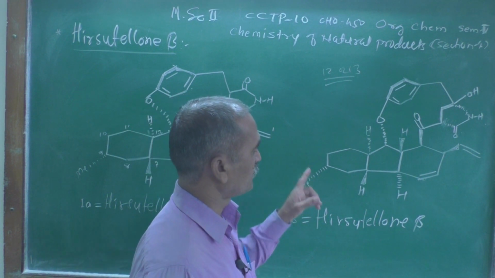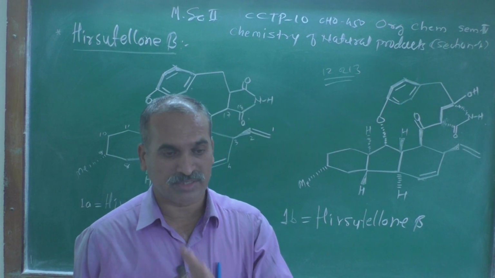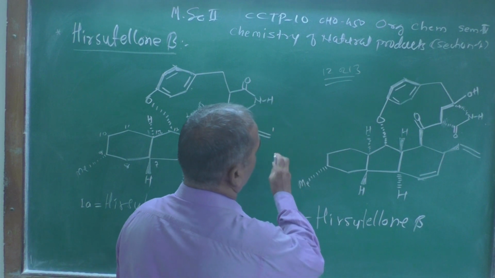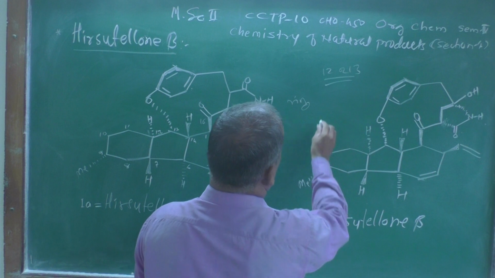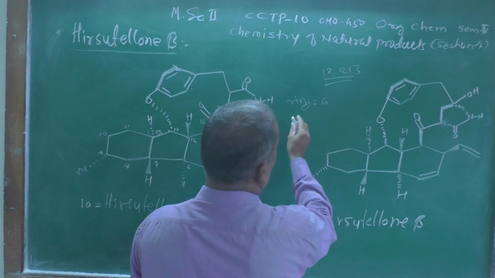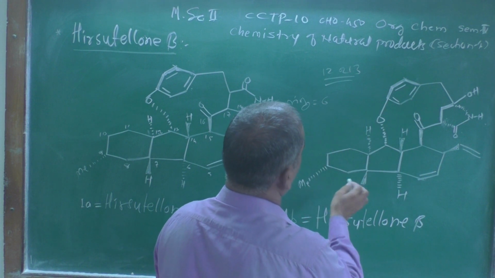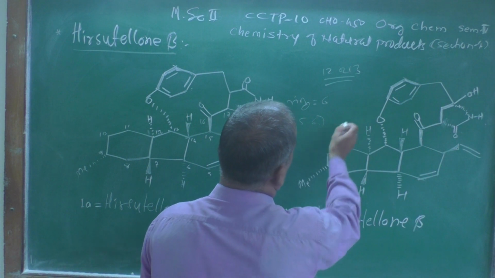So now tell me the number of chiral centers present here. First of all, we have seen there are rings. How many rings did we observe? There are 6 rings. Then we have seen a 6, 5, 6 core observed over here.